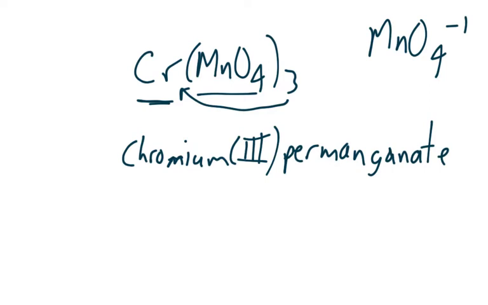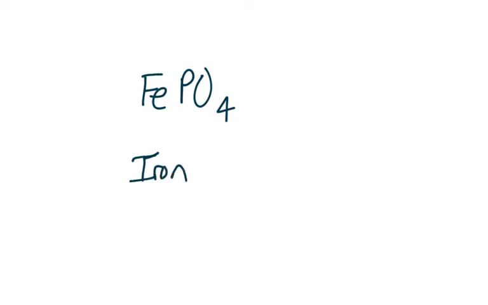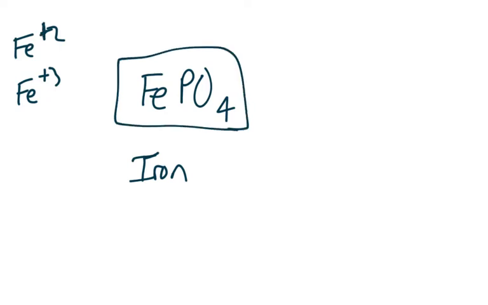Okay? And we'll finish up with one more here. So let's say we had, let's see, FePO4. Okay? Now, iron is a transition metal, so it's going to need a Roman numeral. Now, the question is, what iron are we using? Well, iron, if you recall, can be either 2 or 3. Notice that there is neither a 2 nor a 3 here.